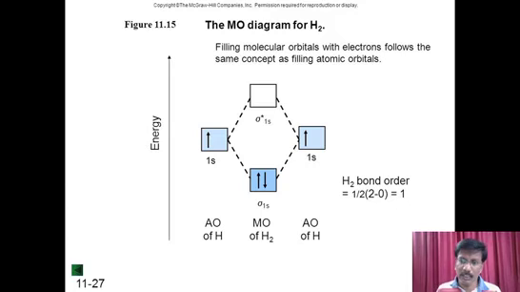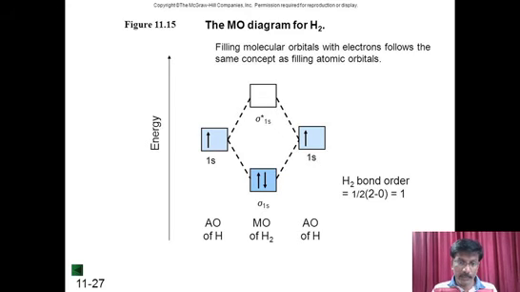Why? Because if the bond order is positive, then it is a stable molecule, which means formation of that molecule is possible. If the bond order is zero or negative, then it clearly shows that there is no possibility of formation. For example, if you take helium, He2, then 2 plus 2 gives 4 electrons. The diagram is the same, but the total number of electrons is 4.